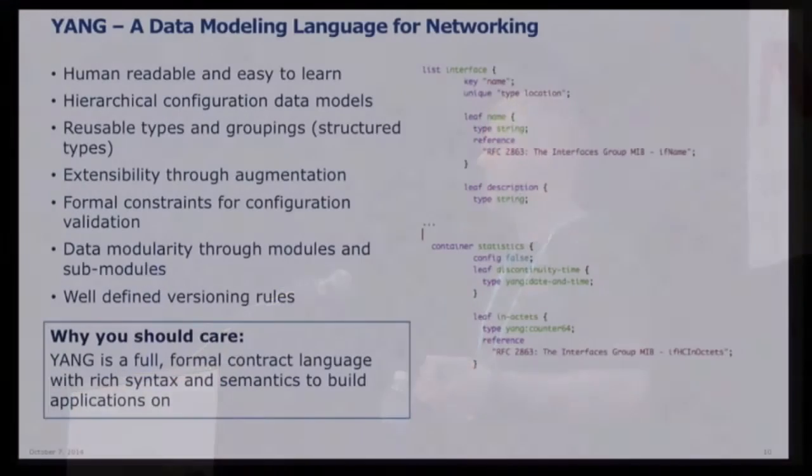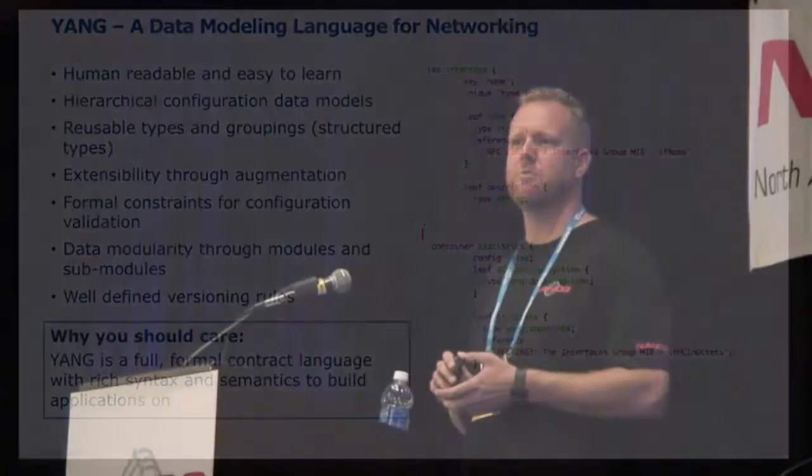And the reason why we should care about this, of course, is that the whole idea of having a full and formal contract language from the device to whatever piece of software wants to manipulate its state is a pretty powerful concept. It allows for reduced integration costs. It allows for a lot of cool things in the software domain.